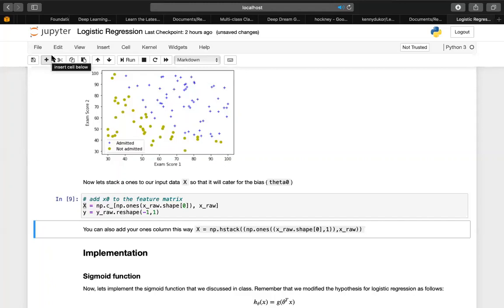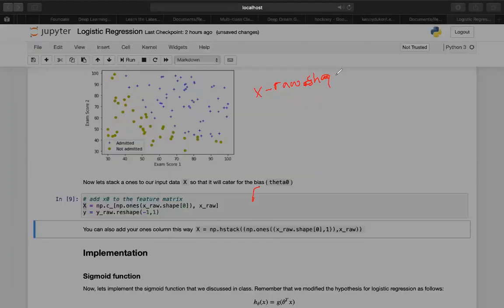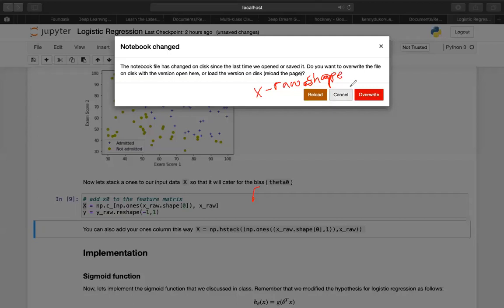Okay, let me write it out. Remember we had X dot shape.